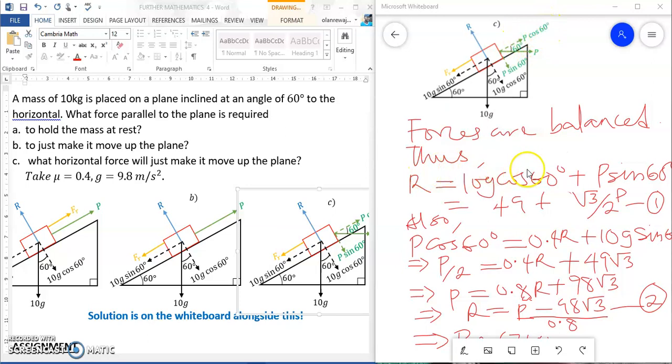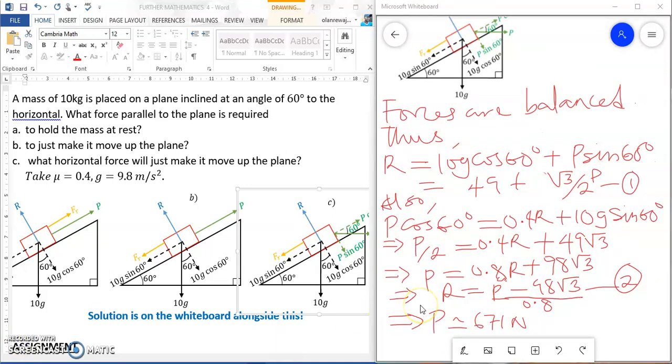And that is exactly what we have contained in the solution. Going further with the solution, we have our P to be approximately equal to 671 newtons, and that ends the worked examples.